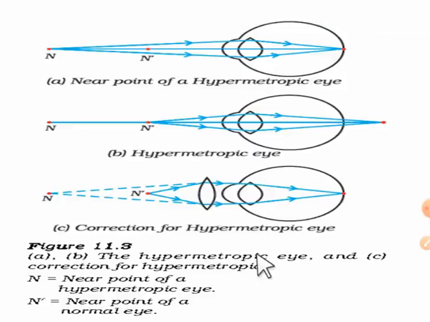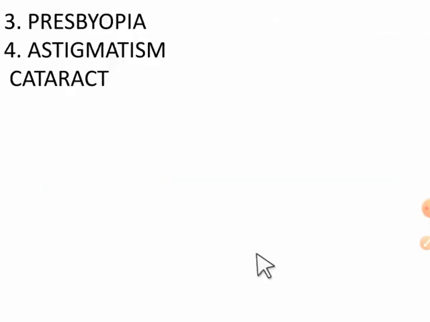The next one is presbyopia. I don't have the diagram for that one. The sole cause of presbyopia is aging, the old age. When we are strong in our youth, as a full grown adult, our muscles are strong, naturally the ciliary muscle will also be strong.